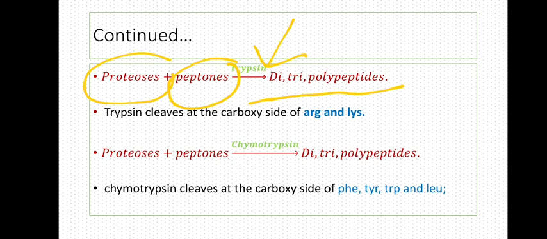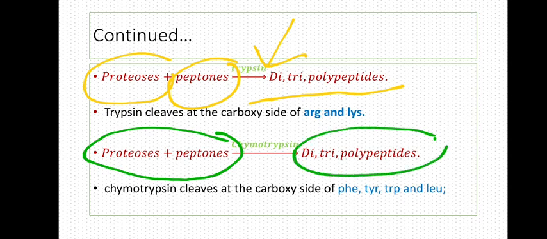Similarly, chymotrypsin is also involved in digestion of proteoses and peptones, and it generates di, tri and polypeptides. Dipeptide means two amino acids joined together by a peptide bond. Tri, three amino acids are joined. Imagine a small chain with two beads, a chain with three beads like this. Polypeptide means a whole chain of beads.